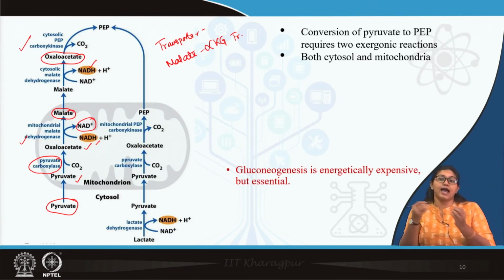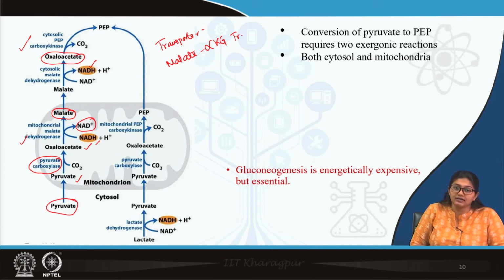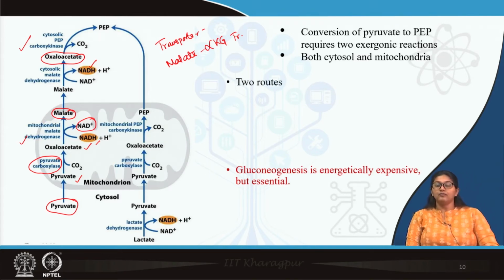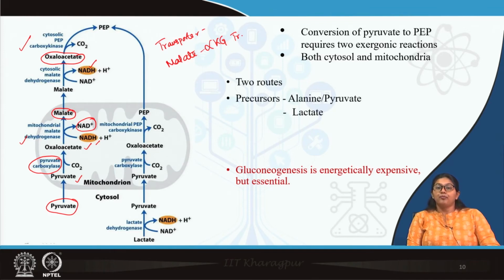Now, there is another set of reactions where pyruvate, without forming malate, can form phosphoenol pyruvate. These two routes are important for different precursors.